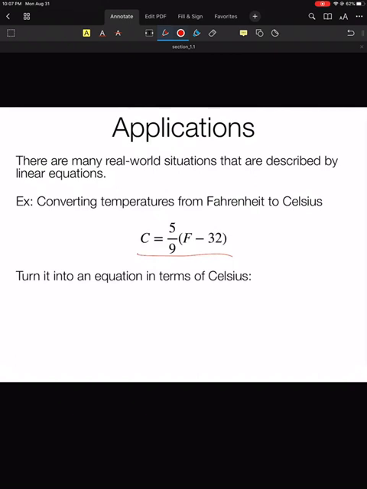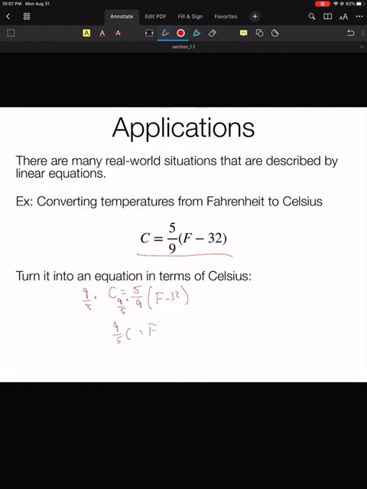Okay, so hopefully you've paused the video and tried it on your own. I just want to solve for F here. To do that, I'm going to rewrite the equation down here. 5/9 F minus 32. To get F alone, I need to first multiply both sides by 9/5.